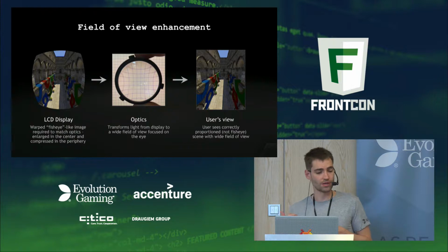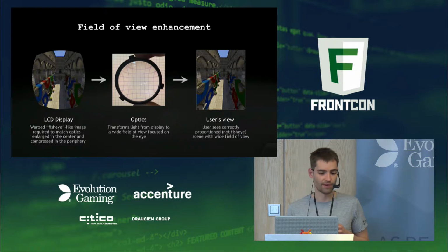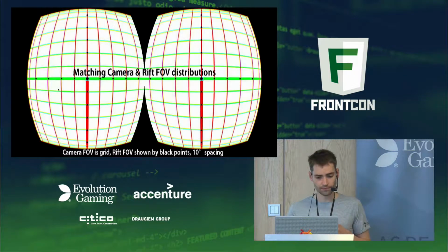And this is how it looks on a display. Basically the stage is warped in a way that the optics convert it to a normal picture, but with a wider field of view. And this is a big problem for CSS 3D. You can't make this kind of effect. You can't warp a picture in this way. This is just not possible.